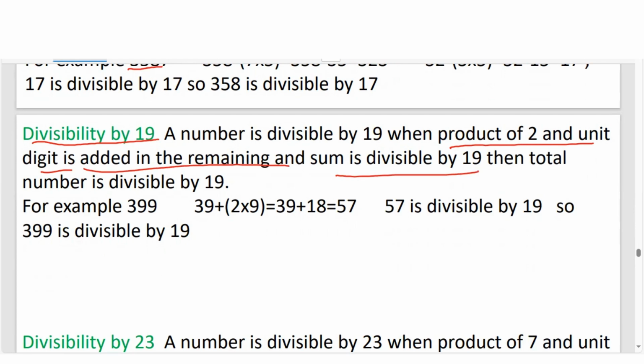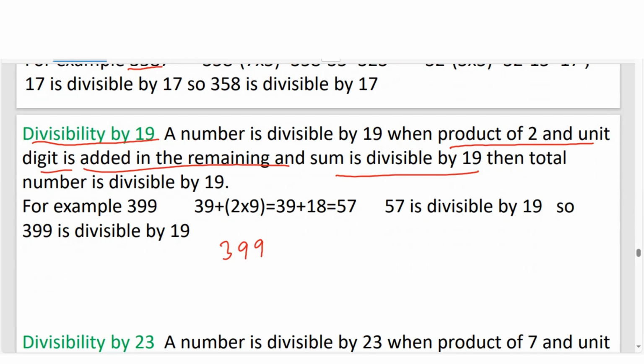So what I am telling here, suppose just like here I have taken 399. This is a 3-digit number. We want to check that number is divisible by 19 or not.